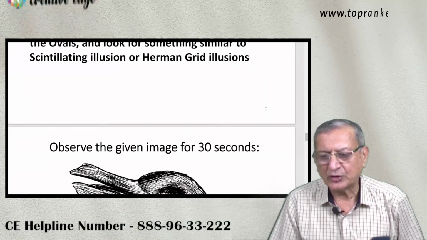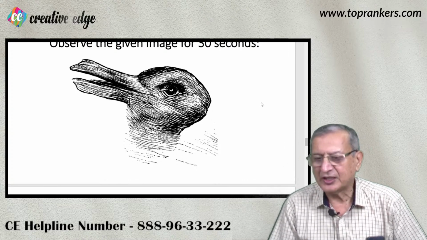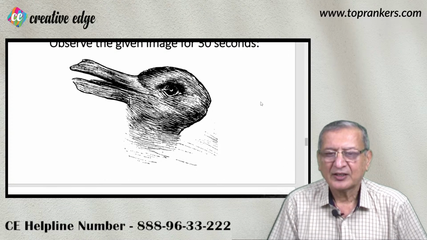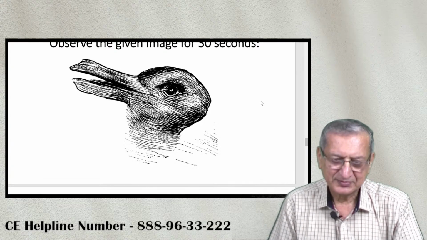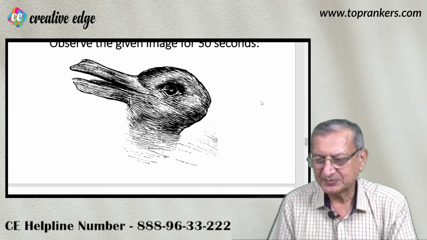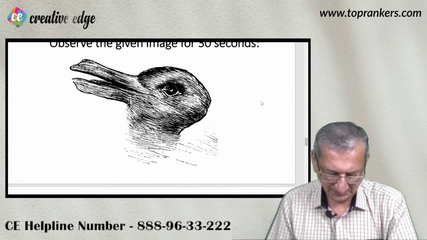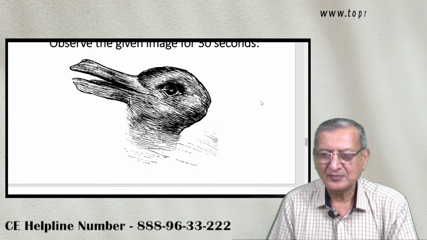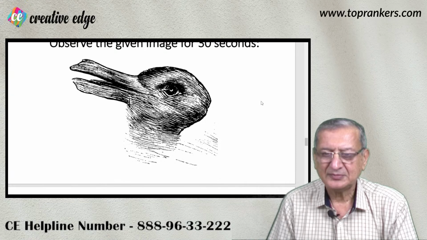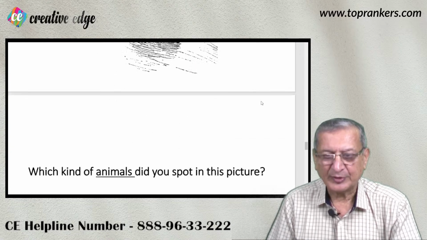So, this is how that oval question works. Now observe the given image for 30 seconds. Let us go in what Arcadian was trying to say. 30 seconds, 30 seconds. Let us take it 30 seconds. Still there is no question. The question could be, now let me change it.